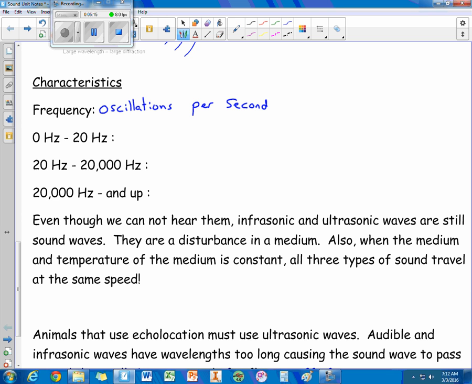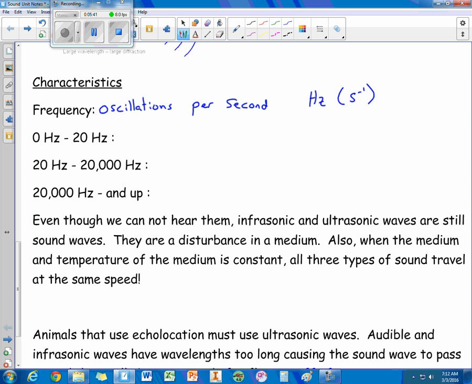It's measured in hertz, which is 1 per second, or an inverse second. We classically break sound up into 3 different broad categories: 0 to 20 hertz, 20 to 20,000 hertz, and then 20,000 on up. So the 0 to 20 hertz range has really, really low frequencies.